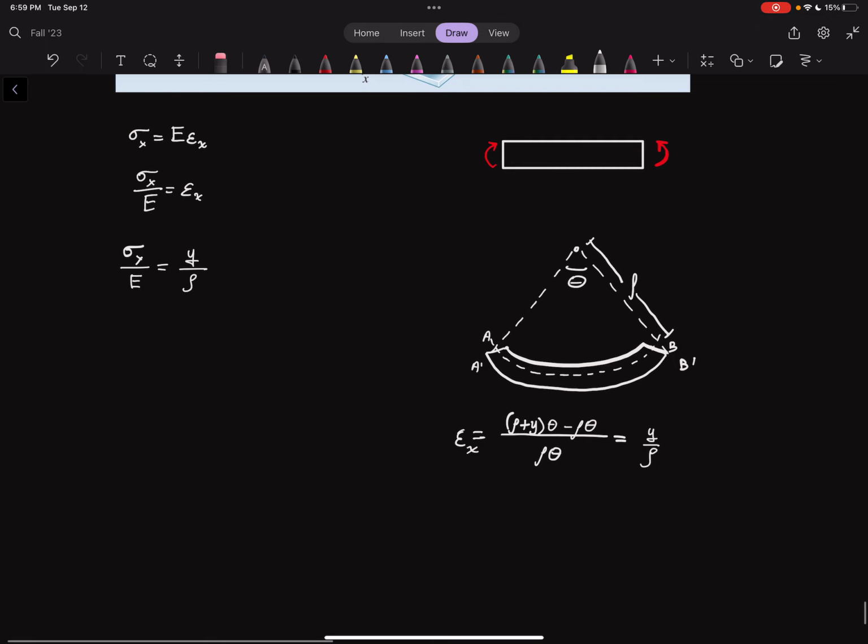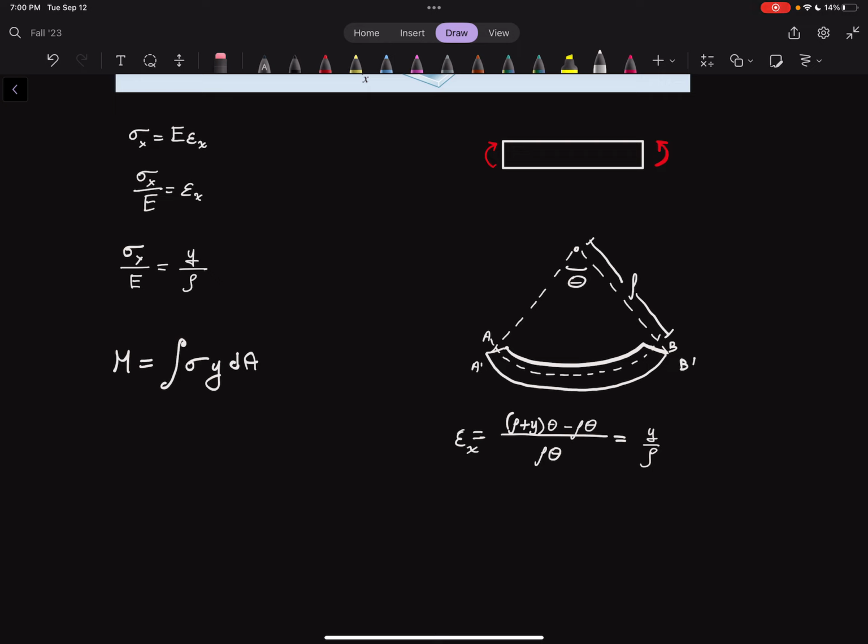Sorry, I didn't want to do this. I wanted to say that the moment is equal to the integral of sigma y, distance y, times dA. Right?